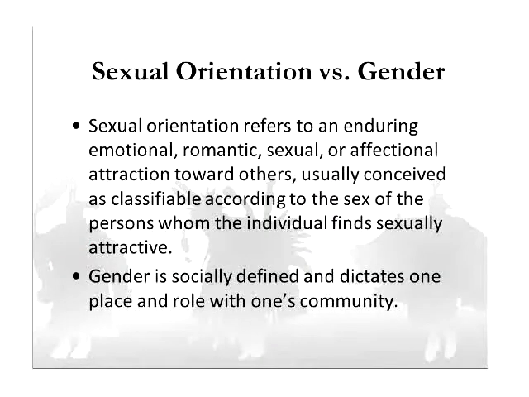So I would like to drill down, because I know that I've been using sexual orientation and gender. I would like to get some definitions out of the way so that we have a common language. Sexual orientation refers to an enduring emotional, romantic, sexual, and affectional attraction towards others, usually conceived classifiably according to the sex of the person whom the individual finds attractive.